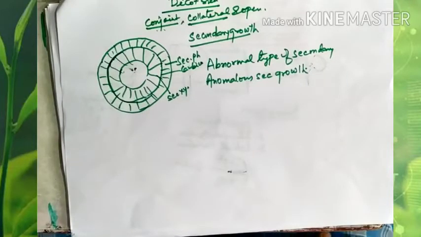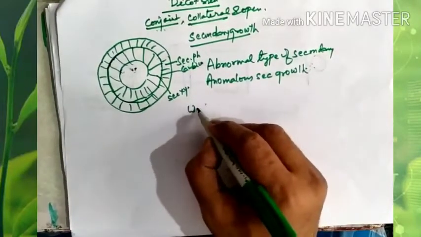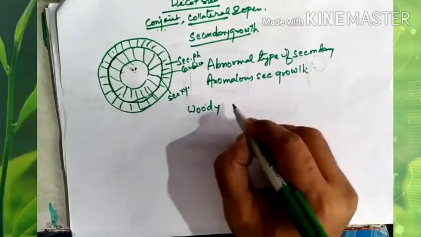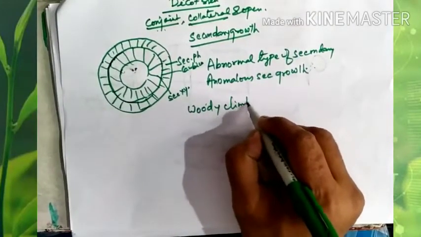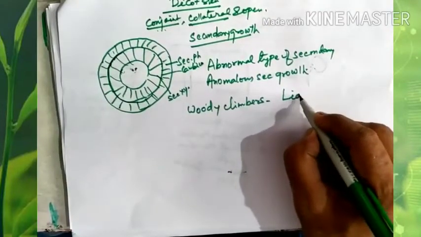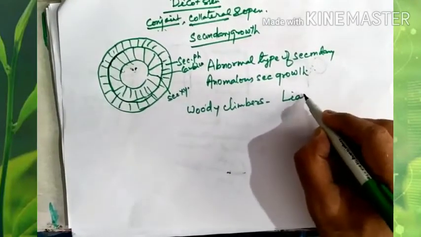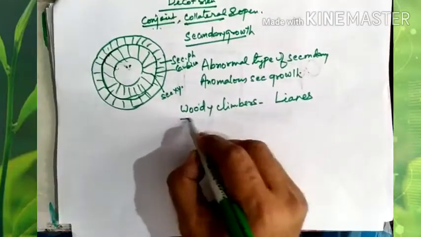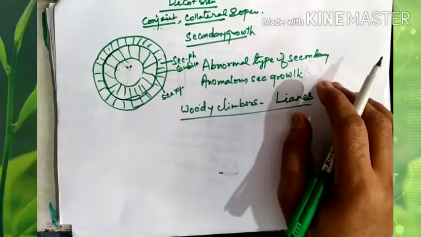This type of abnormal secondary growth generally occurs in woody climbers, which are known as lianas.